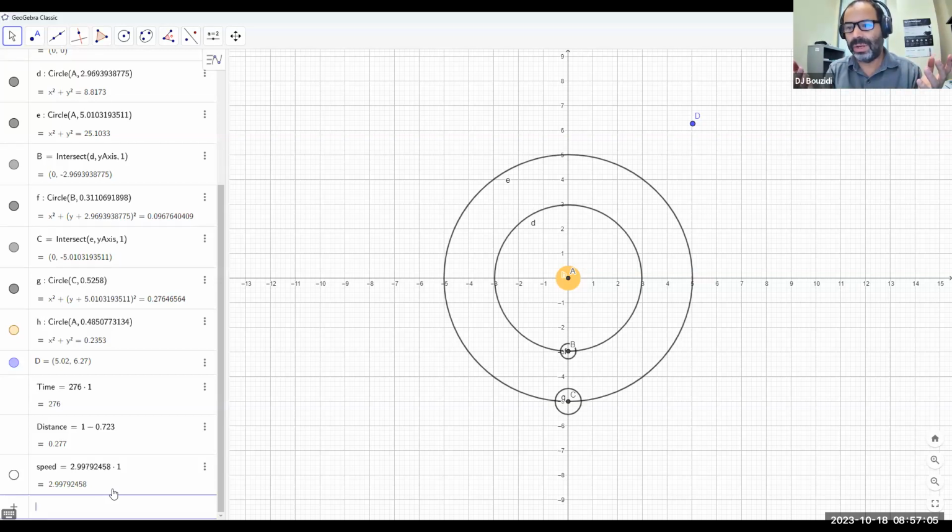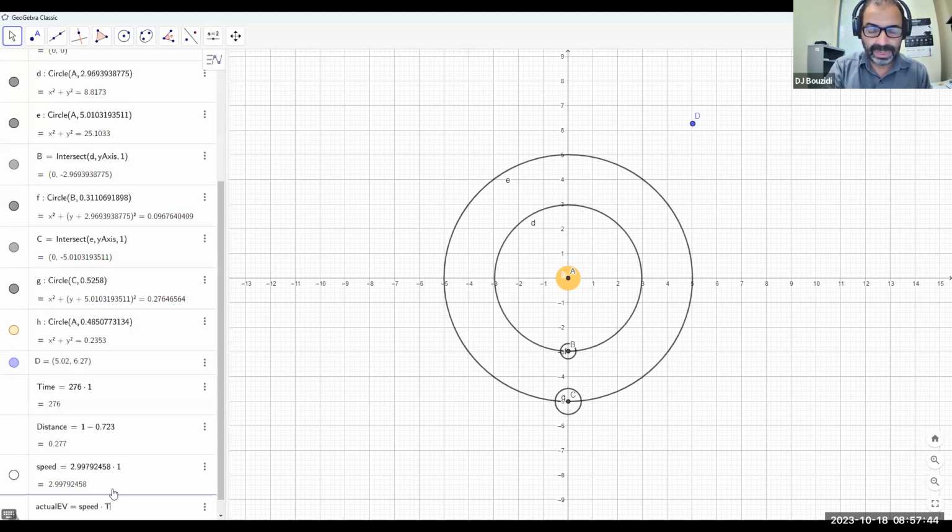So now we can calculate the distance in kilometers. Remember, I have to multiply it by 100 million, 10 to the power 8. I'm not multiplying it right now. I'm going to leave everything in terms of 100 million. So speed times time, which is half that much, is going to give me the actual distance in kilometers between the Earth and Venus.